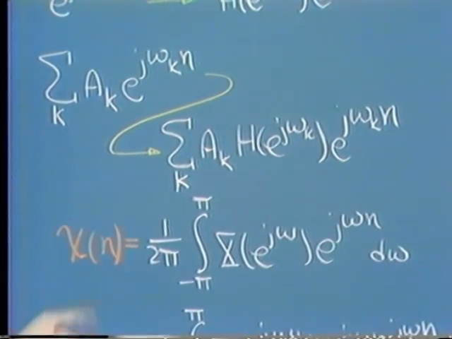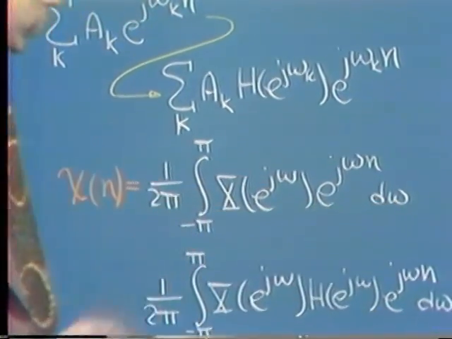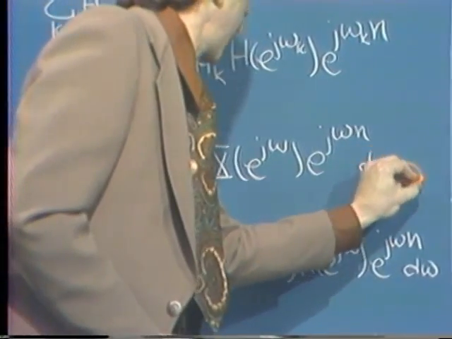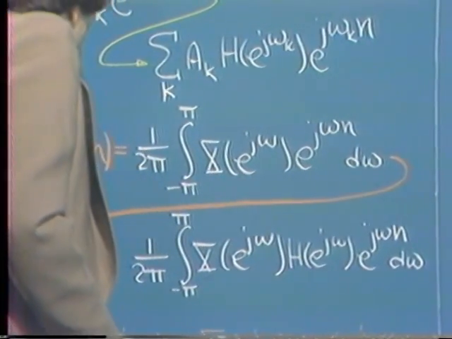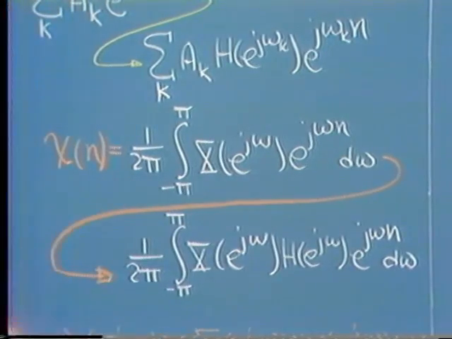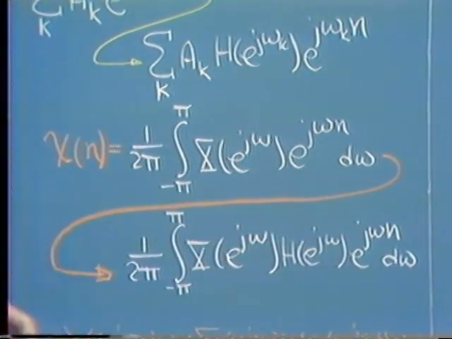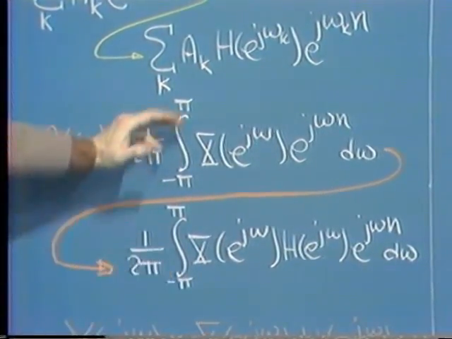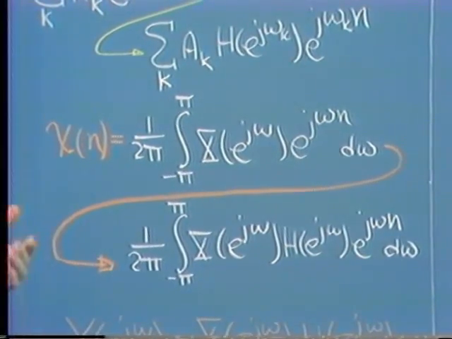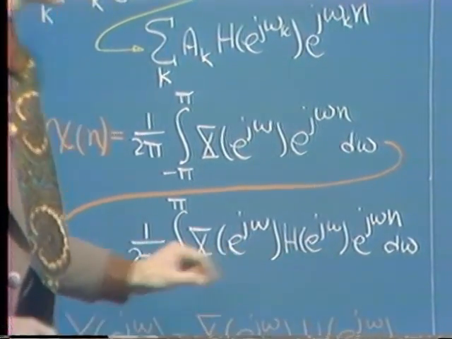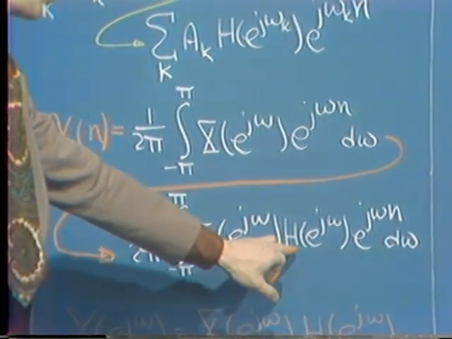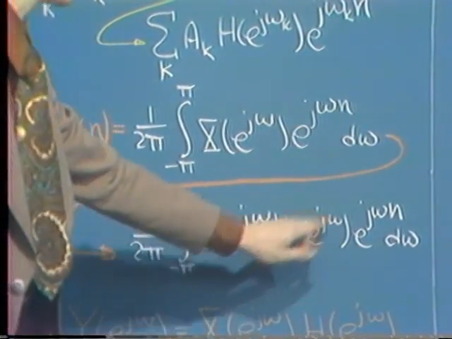So the result is that with this as the input, what we have to get at the output is this, the same linear combination, the only change being that the complex amplitudes of the input are multiplied by H(e^{j omega}).